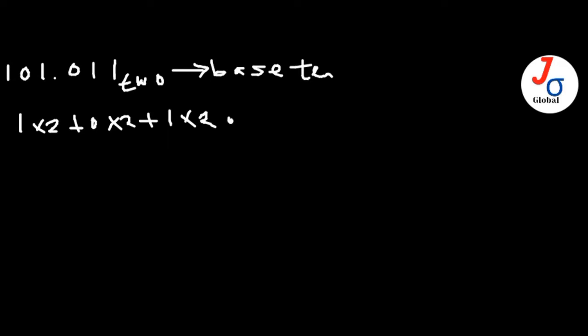Let me put that properly. So you have a decimal, then 0 multiplied by the base 2, plus the next digit 1 multiplied by the base 2, plus the next digit 1 multiplied by the base 2.